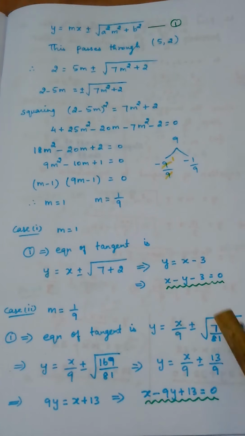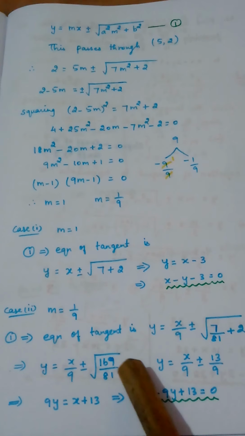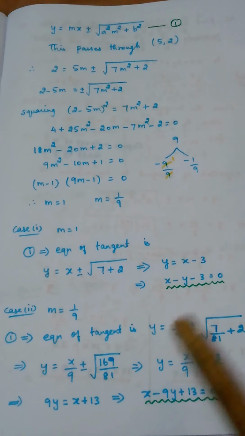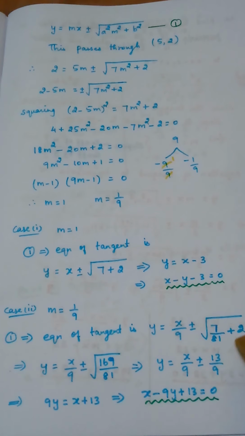So 7 by 81 plus b square is 2, because b square and a square we got from the equation of the ellipse. Cross multiplying, 81 into 2 is 162 plus 7, 169 by 81, taking LCM. So y is equal to x by 9 plus or minus root 169 is 13, root 81 is 9.